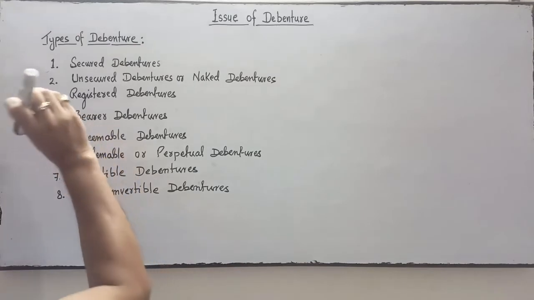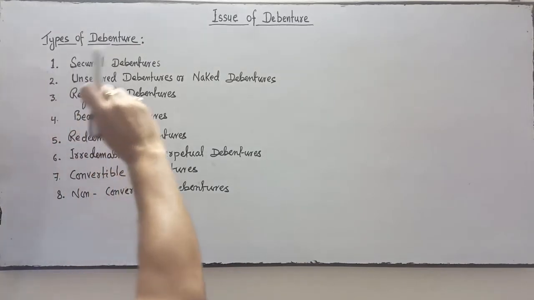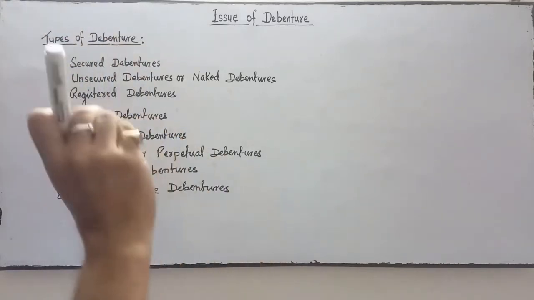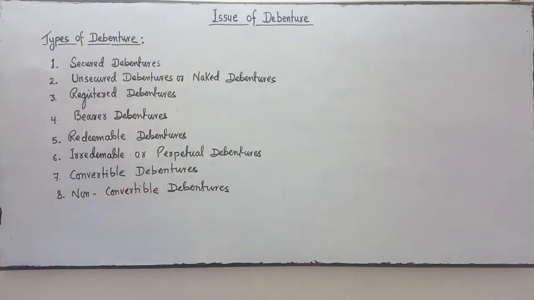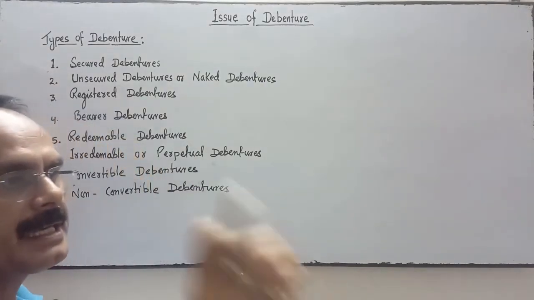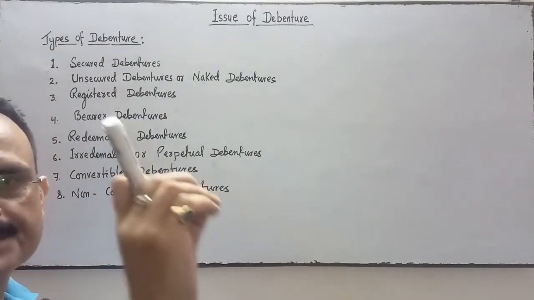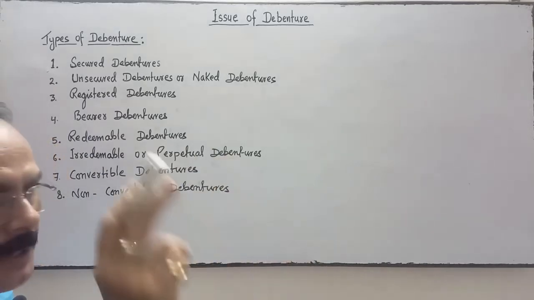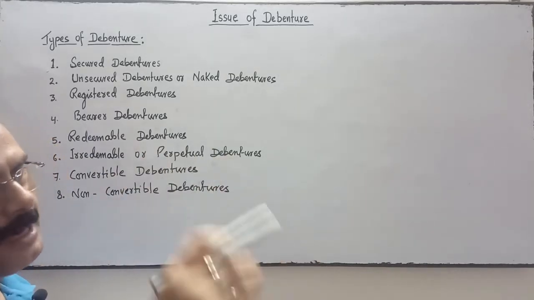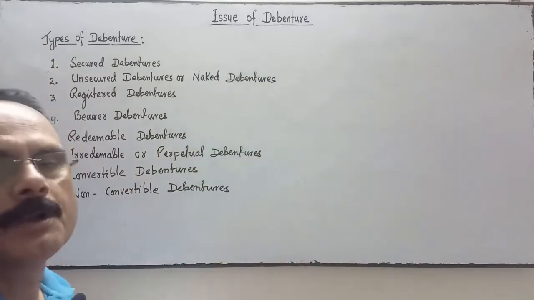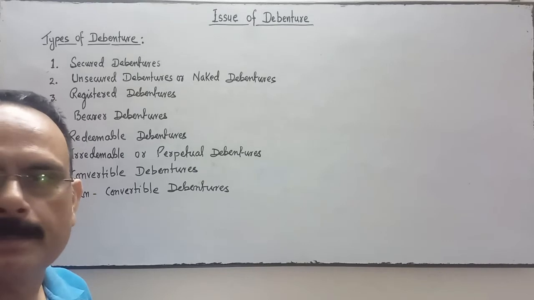If the debenture holder wants to transfer the debenture to a third party, a proper transfer deed is required, and accordingly the name has to be changed in the debenture register of the company. If the name is not changed and you have transferred the debenture to somebody else, that person will not get the interest and the principal amount.